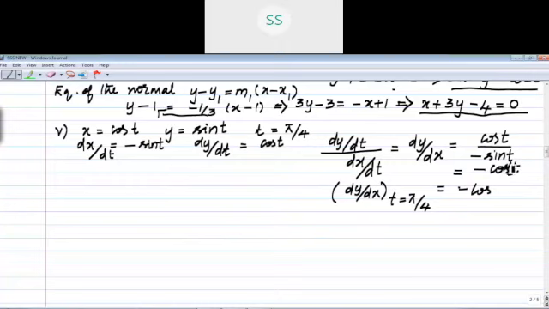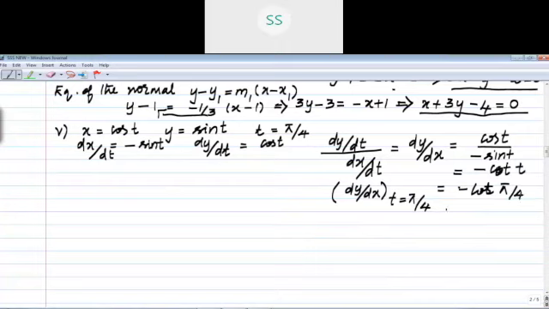Once again I will write, see here, cos t divided by minus sin t is nothing but minus cot t, so minus cot pi by 4.